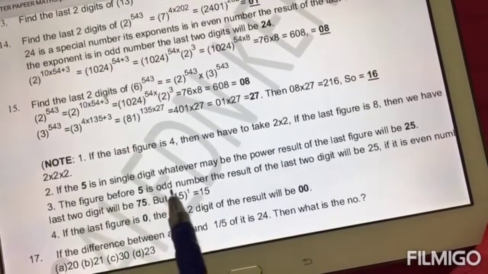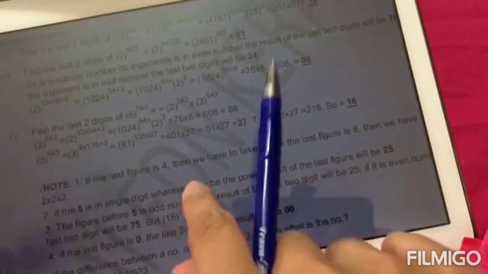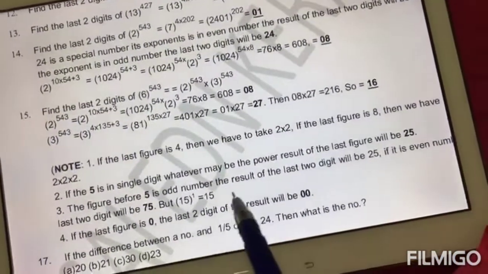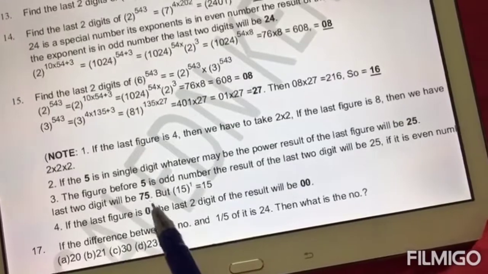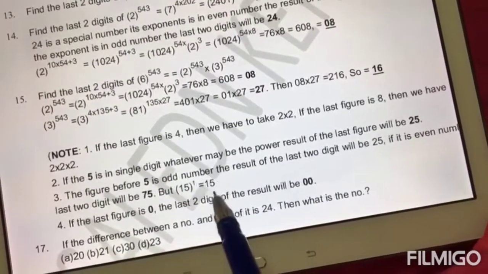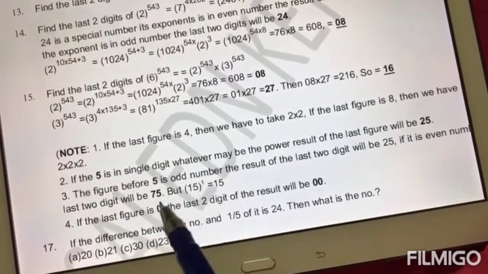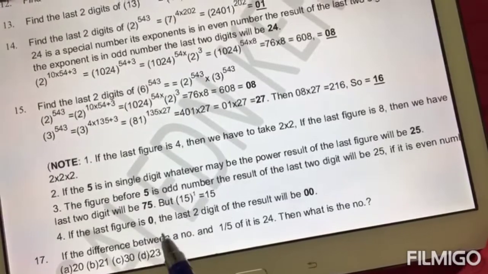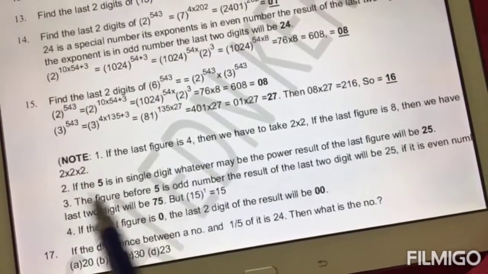If the figure before 5 is an odd number, then the last 2 digits will be 25. If the number before 5 is an even number, the last 2 digits will be 75. But 15 raised to 1 is an exception, because here the last 2 digits are 1 and 5, not 25. If the last figure is 0, the last 2 digits of the result will be 0, 0. Keep this in mind.